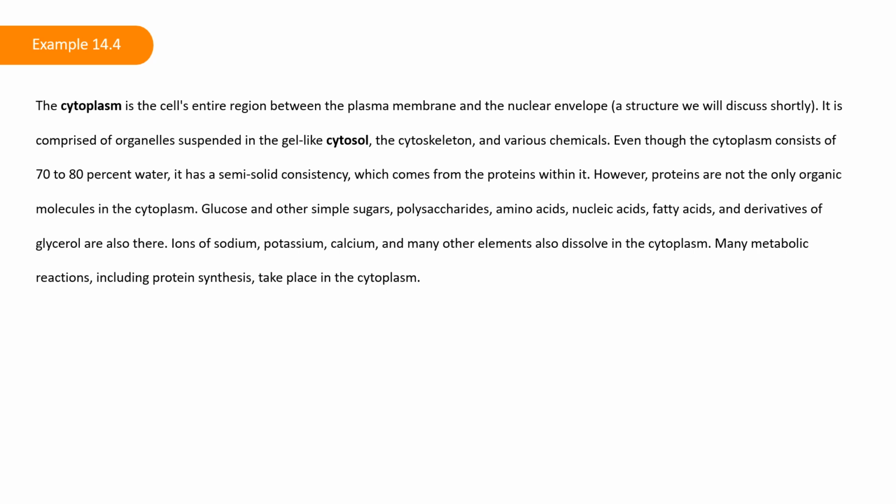However, proteins are not the only organic molecules in the cytoplasm. Glucose and other simple sugars, polysaccharides, amino acids, nucleic acids, fatty acids, and derivatives of glycerol are also there. Ions of sodium, potassium, calcium, and many other elements also dissolve in the cytoplasm. Many metabolic reactions, including protein synthesis, take place in the cytoplasm.